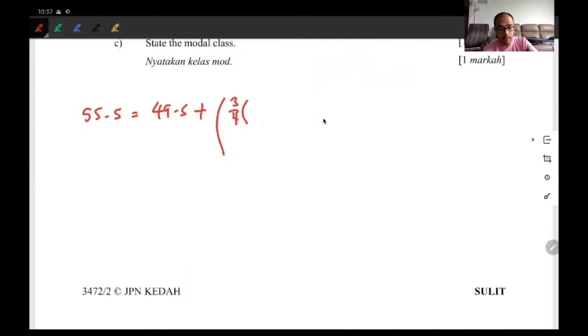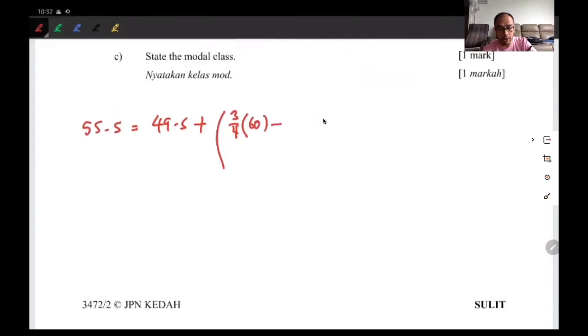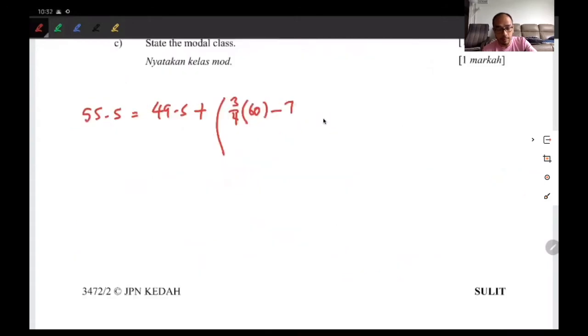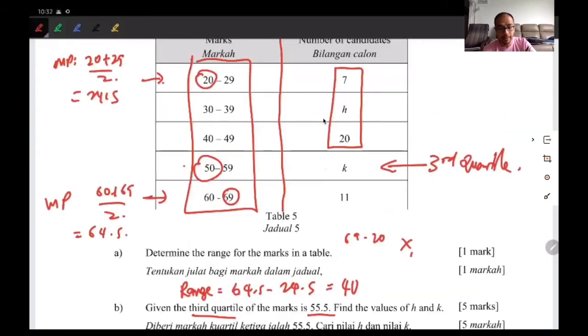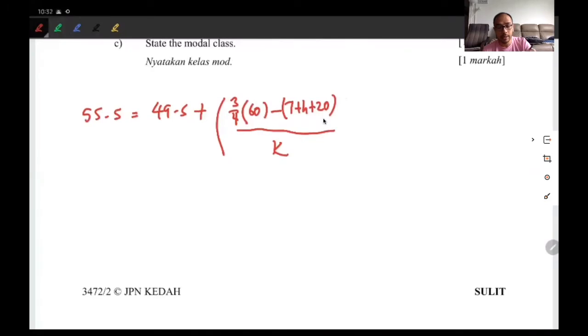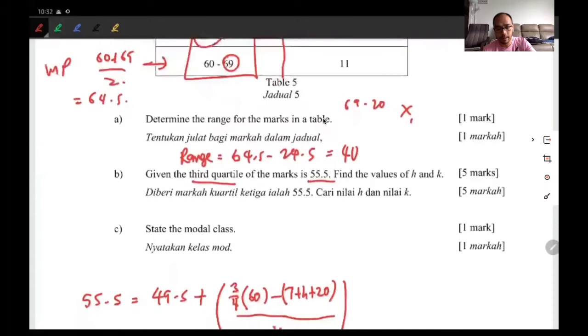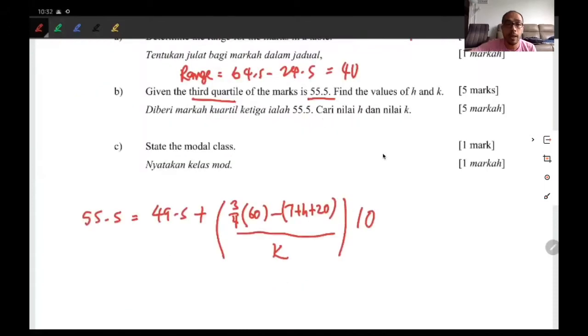So 60 minus the cumulative frequency, which is 7 plus h plus 20, over k. Okay, k is this one. And the class size for 50 to 59 is 10. I'm going to give you a little while just to take a look at that.